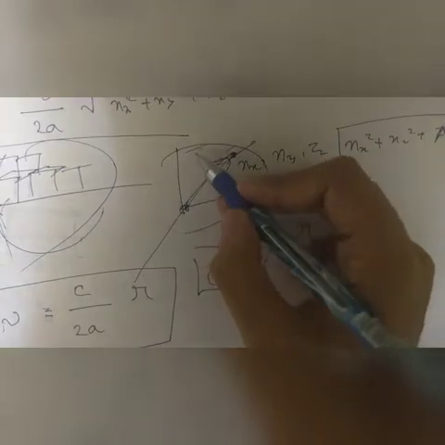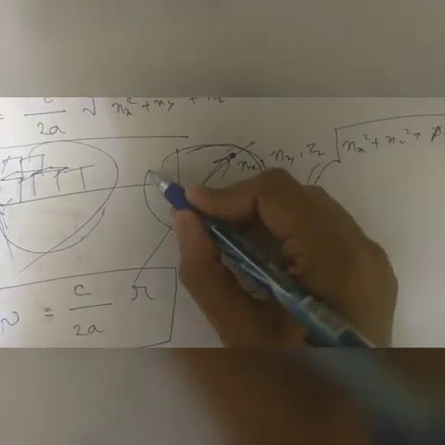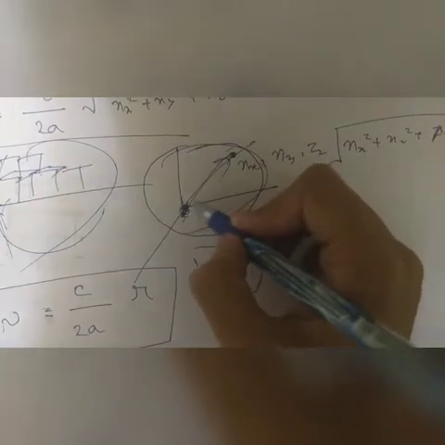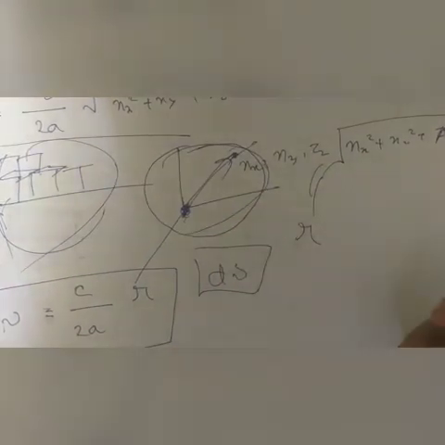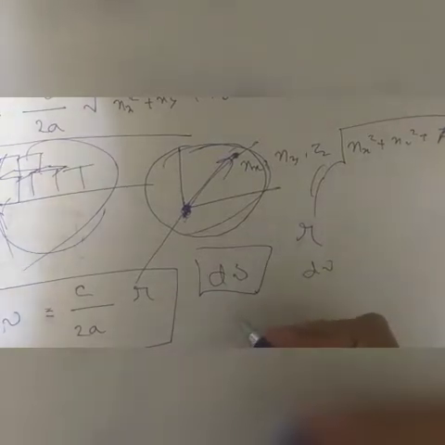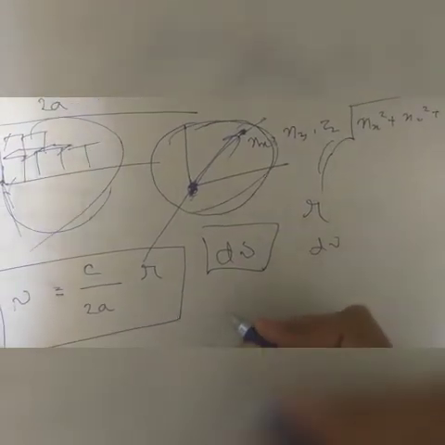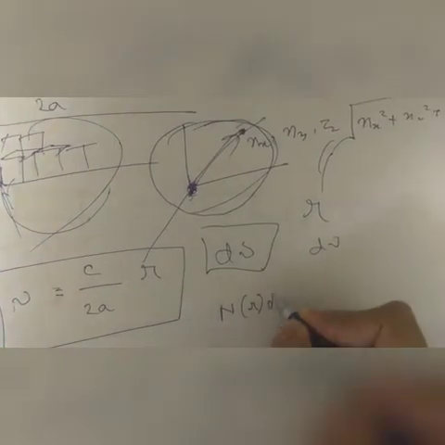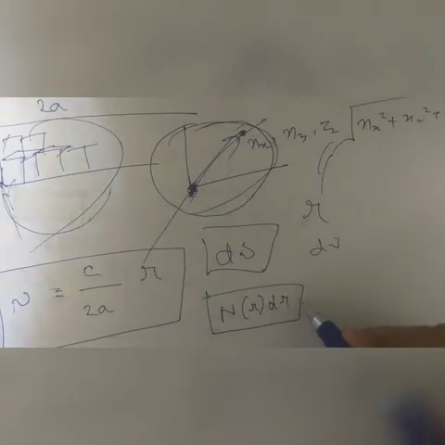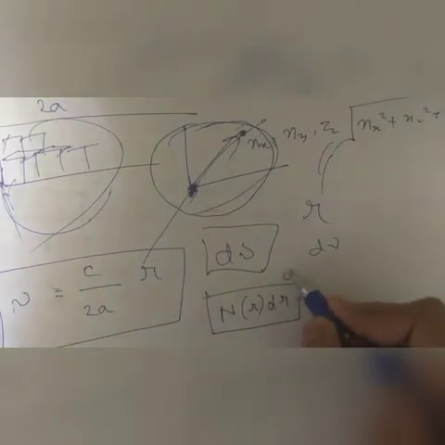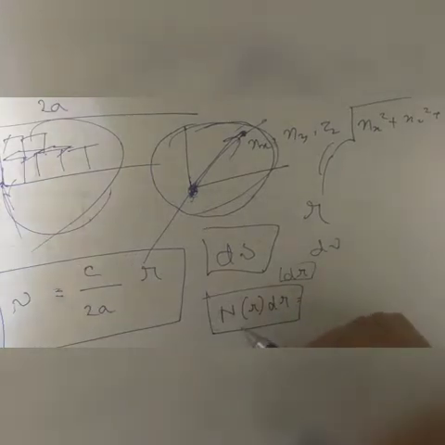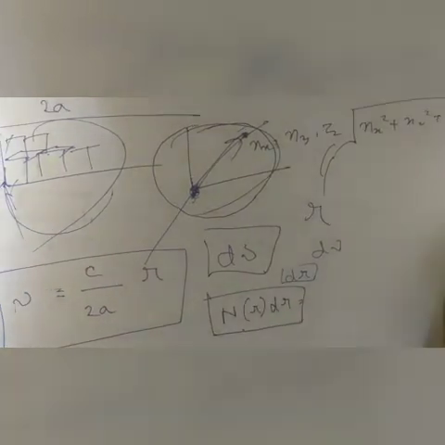If we consider a sphere with its center coinciding with this cube, the number of points in this range will be N(r) dr, that is, the number of points lying between r and r plus dr. That is nothing but the number of allowed frequencies that we are going to calculate.